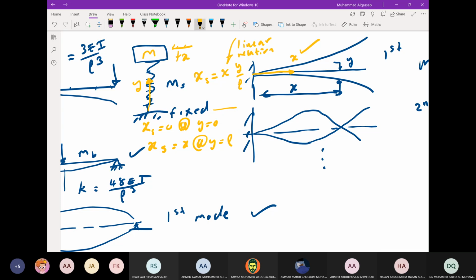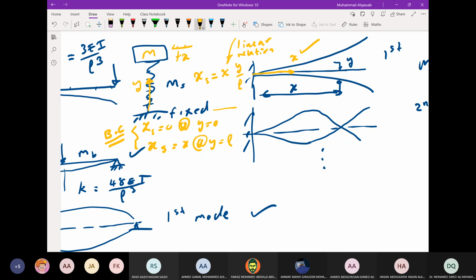That satisfies the conditions; we call them boundary conditions. The same thing for the cantilever beam has boundary conditions. If those boundary conditions are satisfied by the assumed equation, then you can carry on.